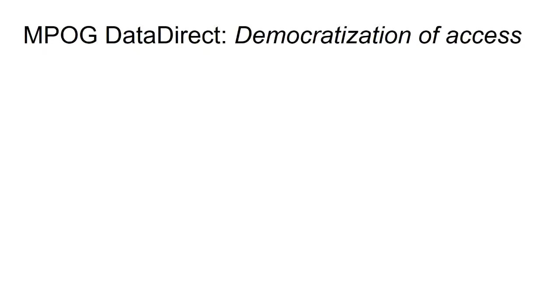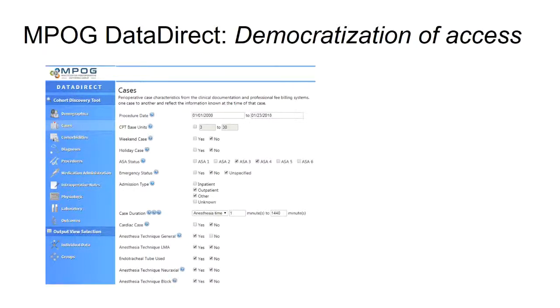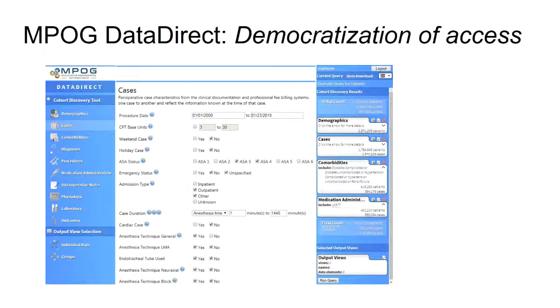We've developed our own version of Data Direct, and just as with the University of Michigan's Data Direct, you can very quickly develop a cohort of patients from a rolling list of specific characteristics that you check off as inclusion or exclusion criteria, and get access to this data with IRB approval. In this example, it took me roughly 30 seconds to do.